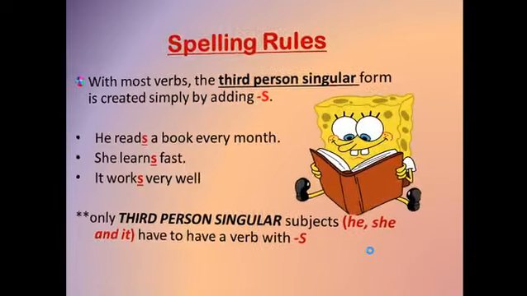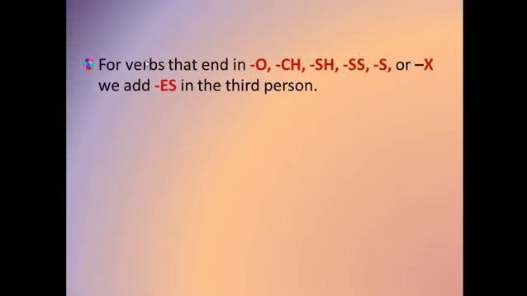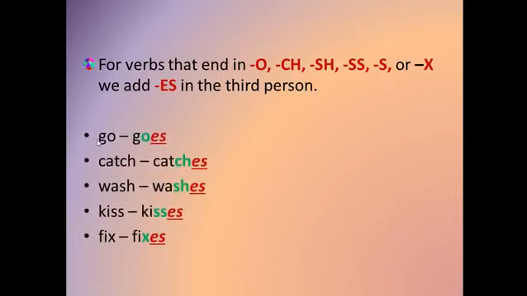Now if my subject is he, she, or it, but my verb ends in o, ch, sh, double s, s, or x, I add an es, not just an s. For example, he goes.